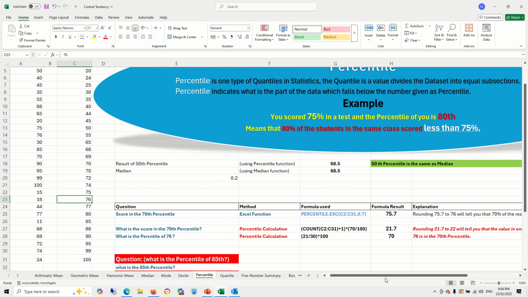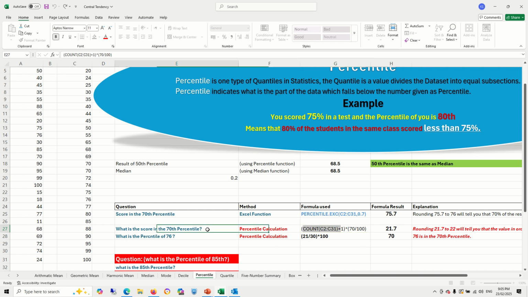Now, let us use the location rule in statistics, which we used for decile, which is the number of values plus 1, multiplied by the rank divided by 100.